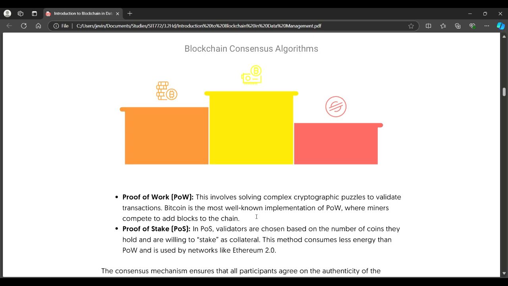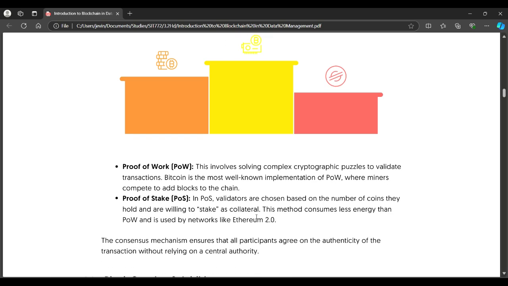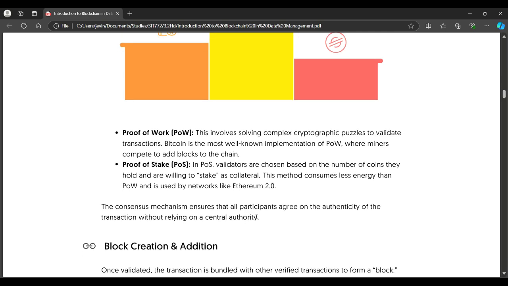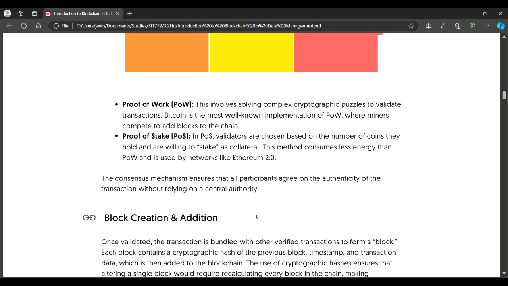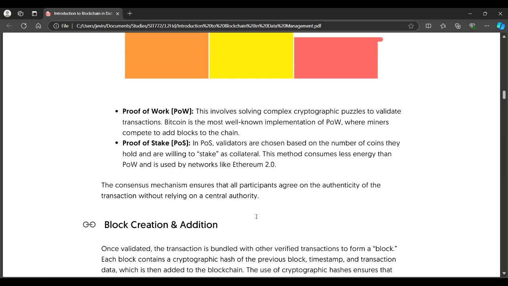For example, Bitcoin is known for proof of work. Proof of stake is based upon the number of coins that are held and that participants are willing to stake as collateral, which is used in a network like Ethereum. So these are the basic algorithms used in blockchain.